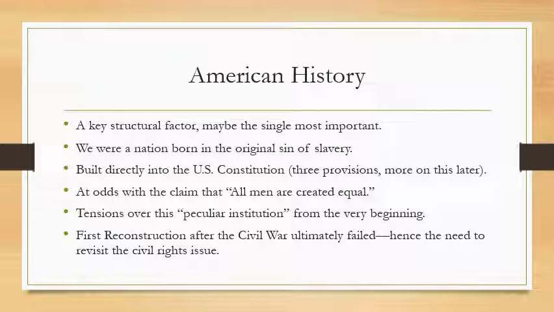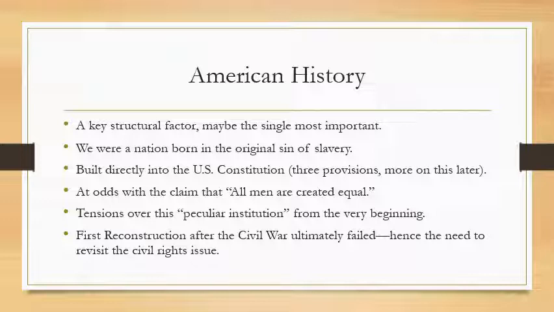So a lot of hopeful signs here that we were atoning for our original sin. But of course, by 1876, in a complicated political deal between the two major parties, Reconstruction is ended. Federal troops are pulled out of the South. The 13th, 14th, and 15th Amendments are no longer effectively being enforced.